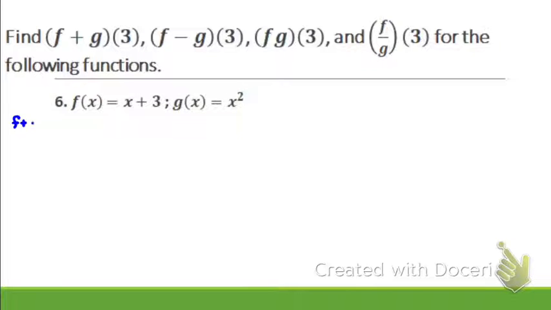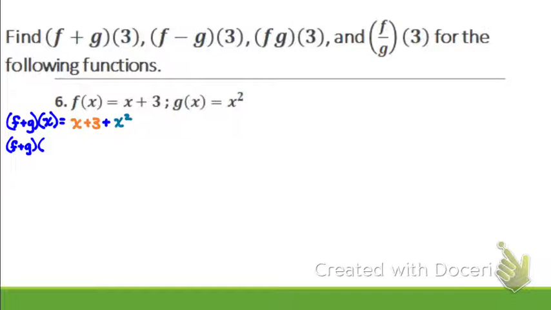All right, so let's find our sum first. So I have x plus 3 plus x squared. Pretty much fully simplified, right? So what do I do from here now? Yep, we're going to sub 3 in the place of x.